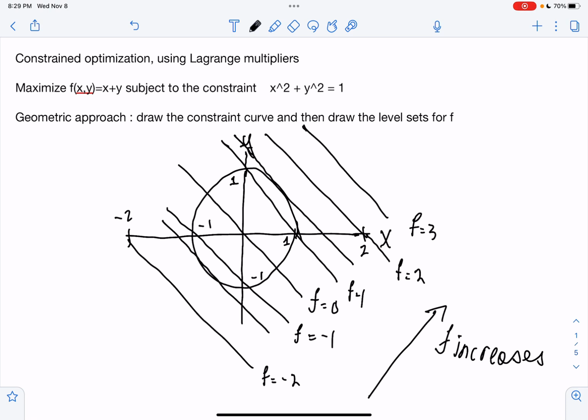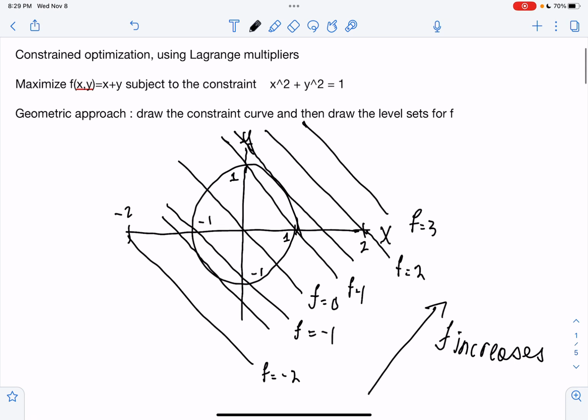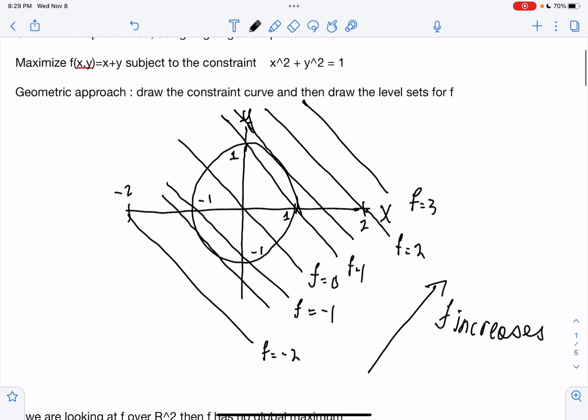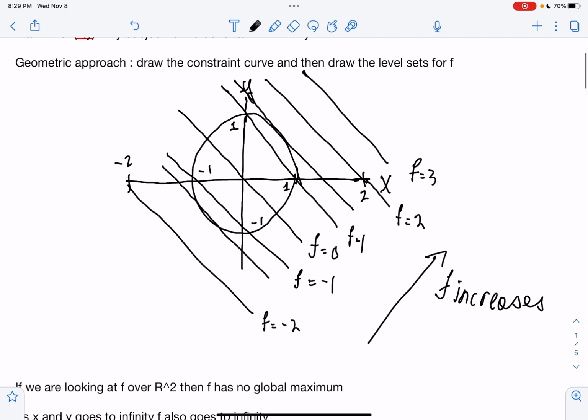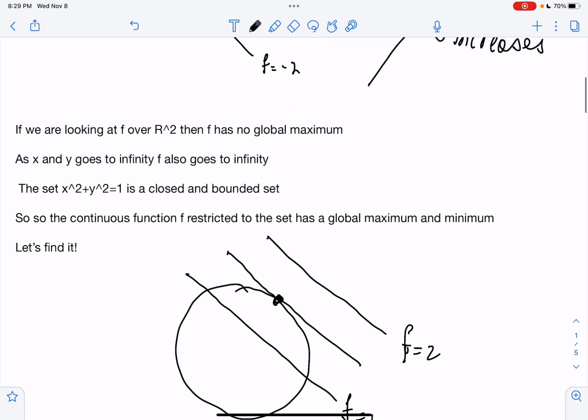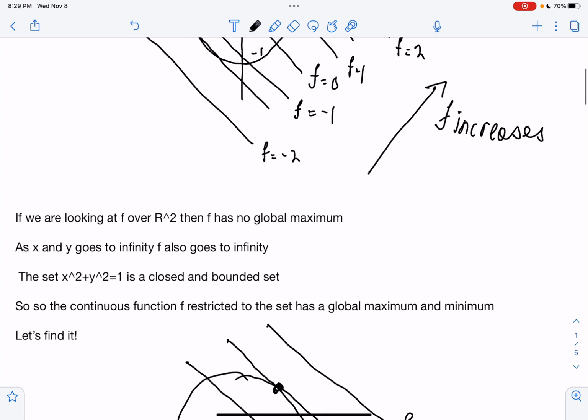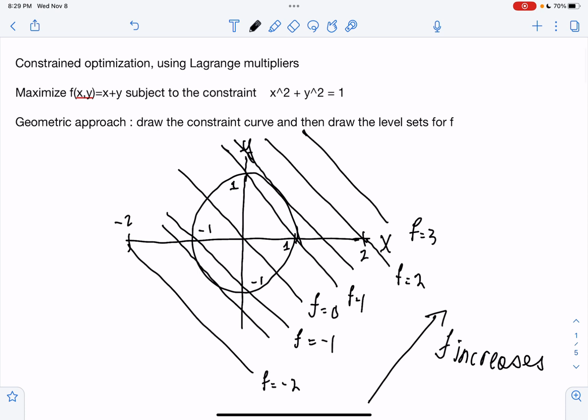So this f function has no global maximum, and if we look at the decreasing values, down to the bottom left diagonal, it also has no global minimum. Here we see that.